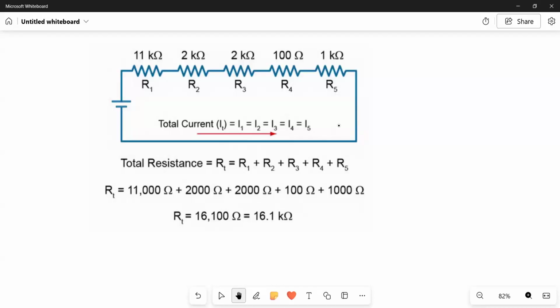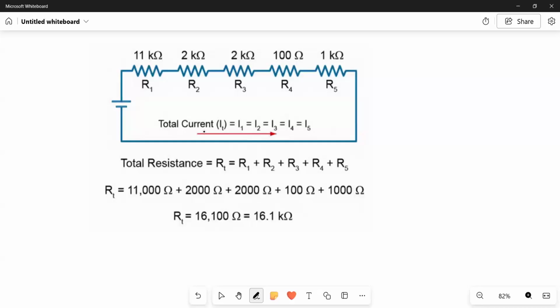We're coming to an example just now. To find the current flowing through the circuit, when the resistors are all in series, the current through them is going to be the same because there's only one path for this current.